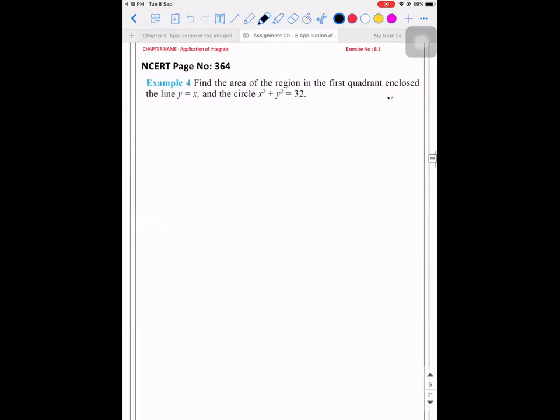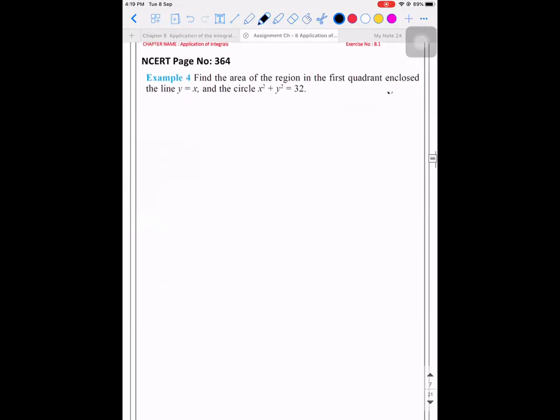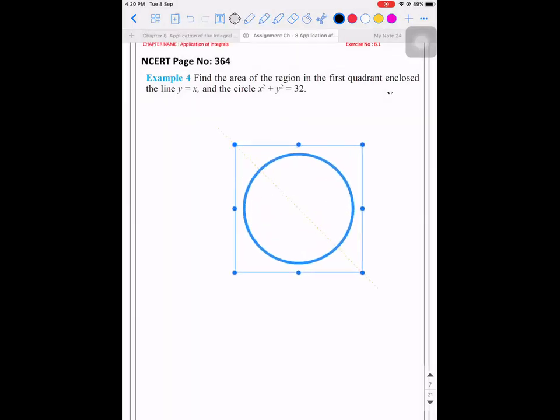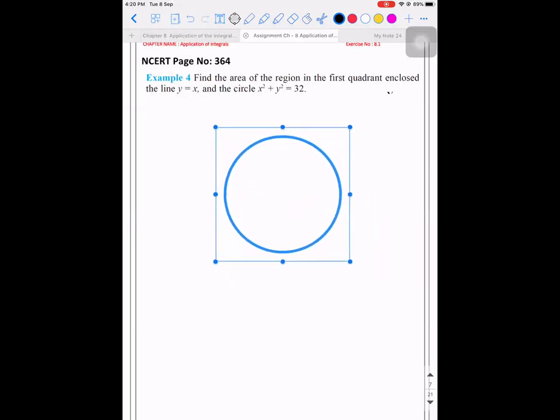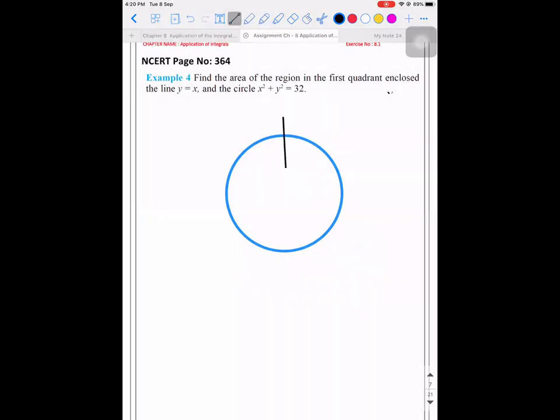Find the area of the region in the first quadrant enclosed by the line y is equal to x and the circle x square plus y square is equal to 32. So they have given it, right? You have a circle whose radius is root 32, which is nothing but 4 root 2.